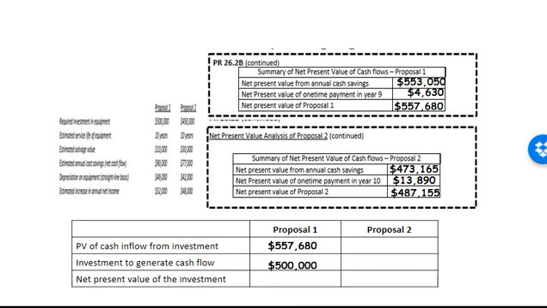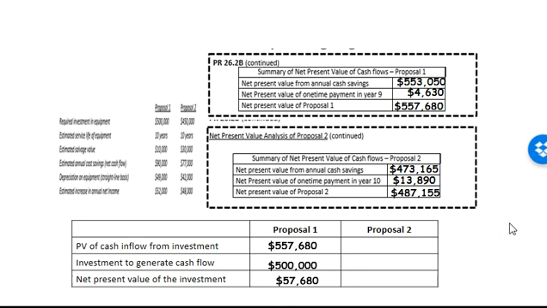So I take the $557,680 and subtract out the investment, which is $500,000. So the net present value of the investment for proposal 1 is $57,680. I'm going to do the same thing for proposal number 2.